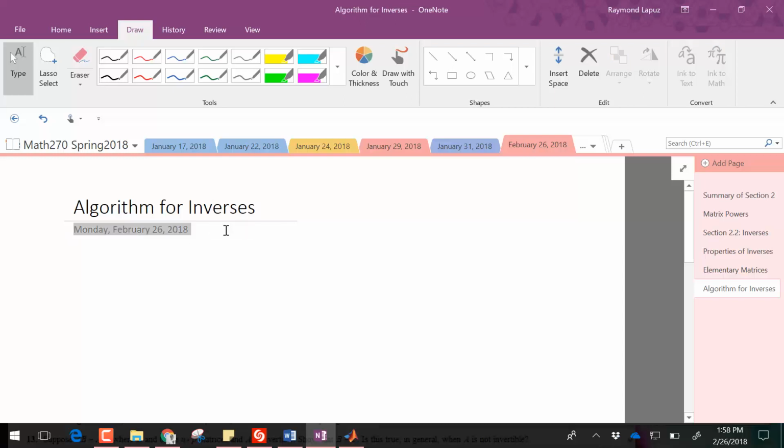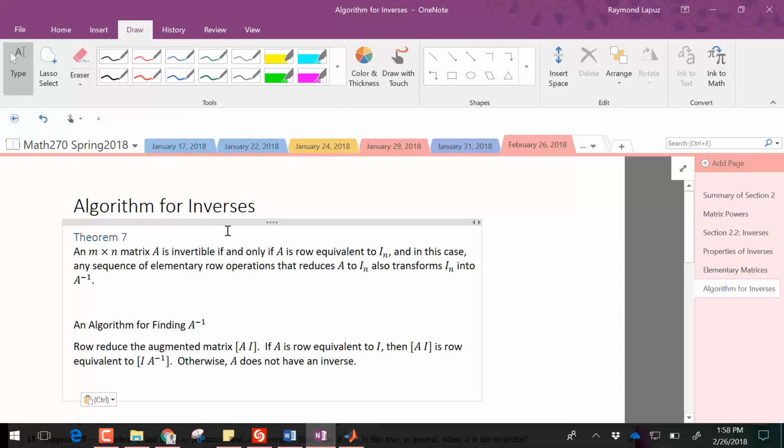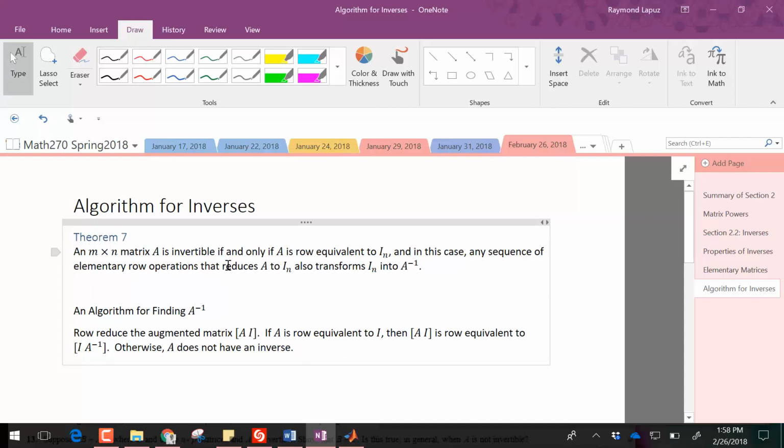So the algorithm for inverses is based on elementary matrices. The theorem says if you have an n by n matrix A, it is invertible if and only if A is row equivalent to the identity.